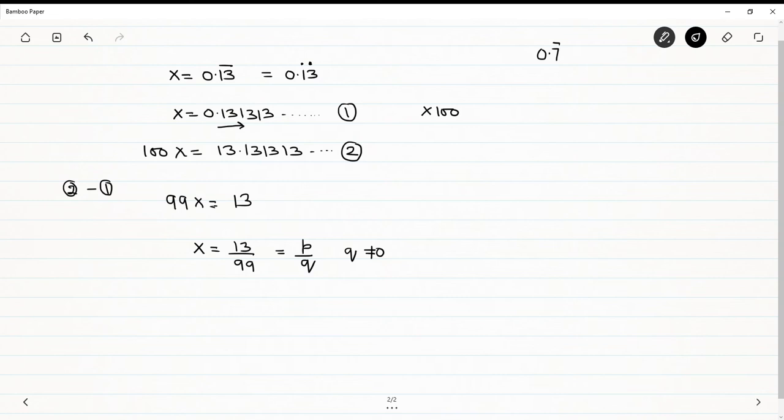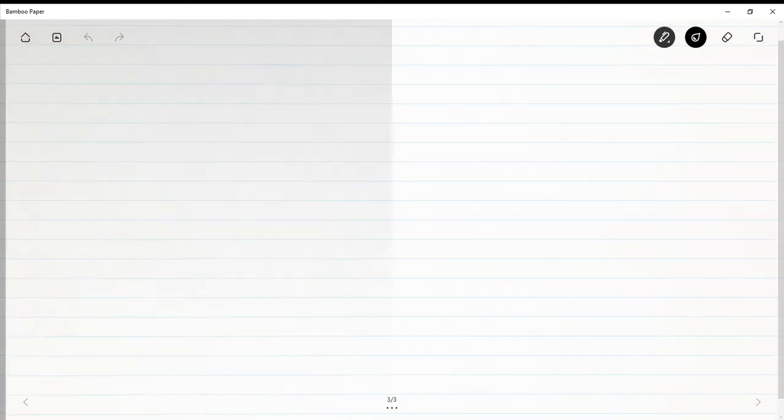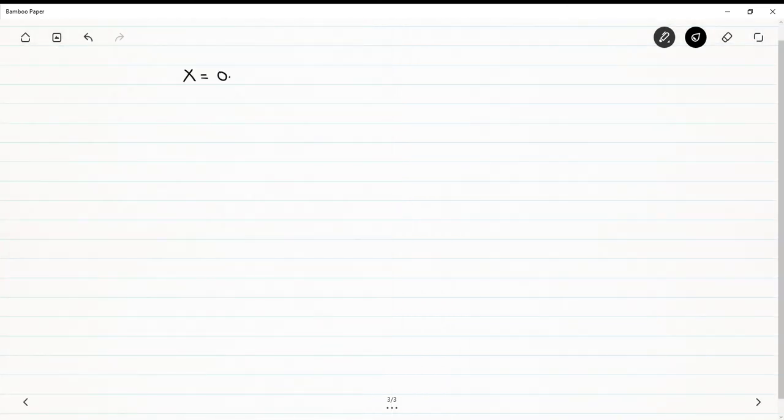Now let's make it a little more difficult, and now three digits should be repeating. So I can write x is equal to 0.123. So it is simple, 1 2 3 repeating. It can be written this way, or it can be written as 0.123 dot dot dot, or sometimes in the exam it can be written like this also, 0.123, a dot on top of 1 and a dot on top of 3.